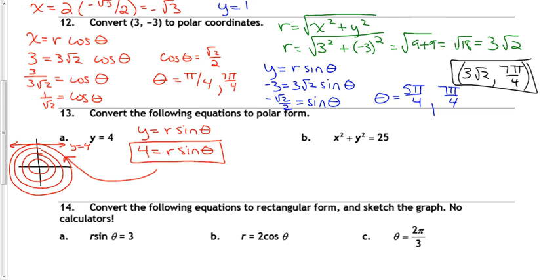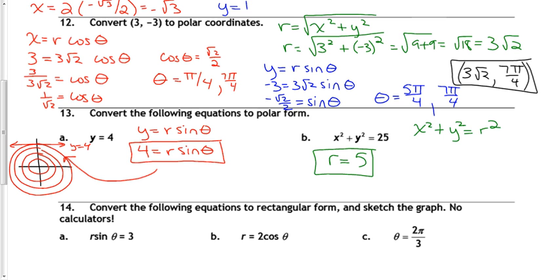This one, x squared plus y squared equals 25. First of all, we should know that that's a circle centered at the origin. The radius is 5, so we know what that looks like in Cartesian. And what I'm going to use is that we know that in polar, x squared plus y squared is going to be equal to the radius squared. Okay, well, ours says x squared plus y squared equals 25, which means my radius has to be 5.